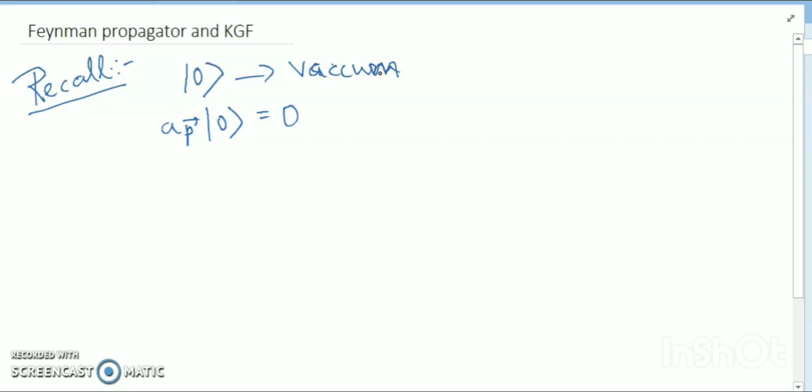The most important result: E_p equals the square root of p squared plus m squared. This is E_p, or you can say E_p squared equals p squared plus m squared.